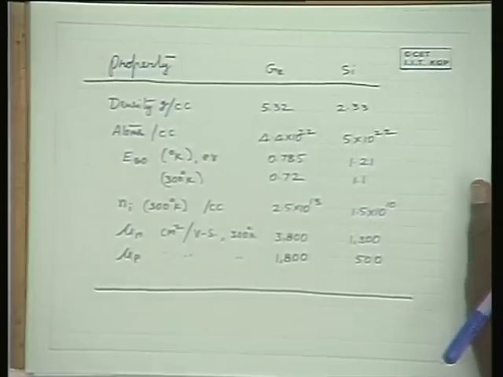So far, we have been discussing pure semiconducting materials. An interesting thing happens when you add some impurities to the semiconductors. You can really manipulate them in terms of the number of carriers that are available, and thereby the resistivity and so on.